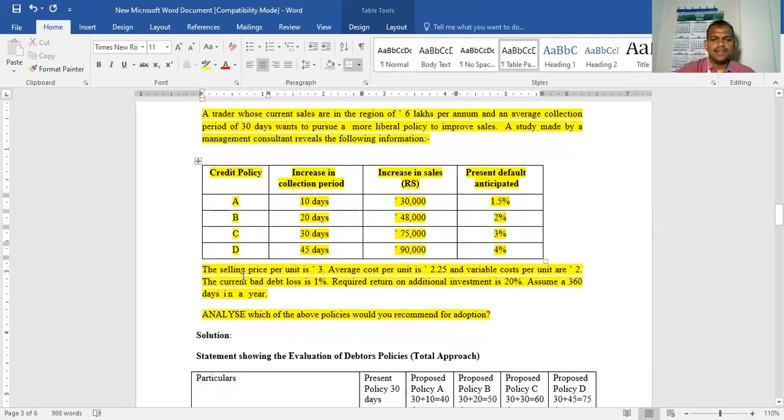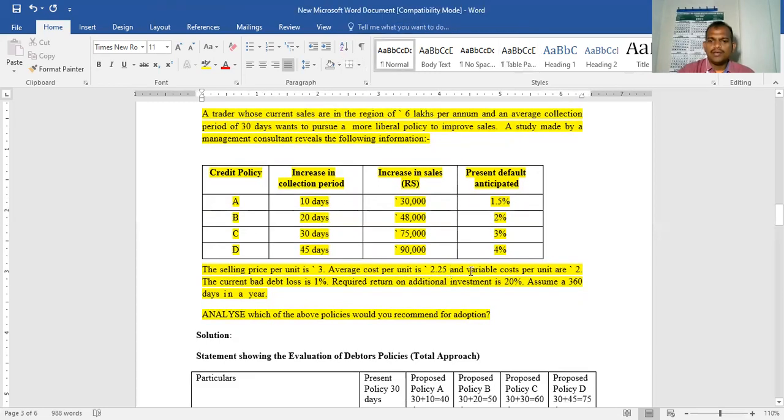The selling price per unit is 3 rupees, average cost per unit 2.25, variable cost per unit 2 rupees. So average cost per unit is 2.25. Variable cost is 2 rupees. Selling price is 3. The current bad debts loss is 1%.